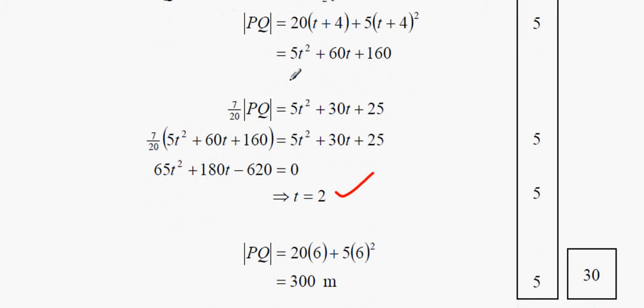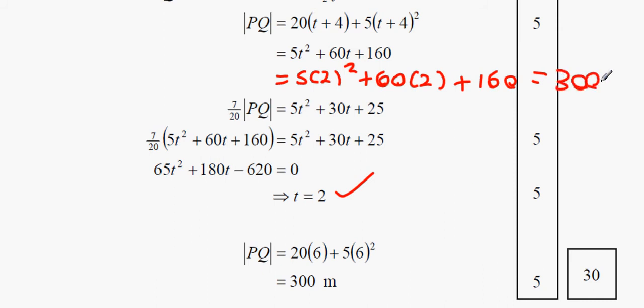So 5 times 2 squared plus 60 times 2 plus 160. Add them all together: 20 plus 120 plus 160, and that gets you 300 meters.